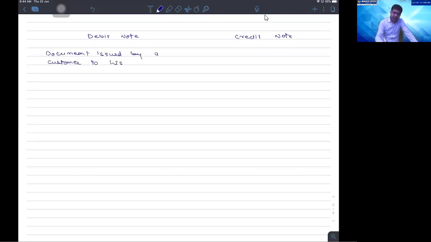Whereas a credit note is issued by supplier to buyer, that is to the customer, buyer or customer.